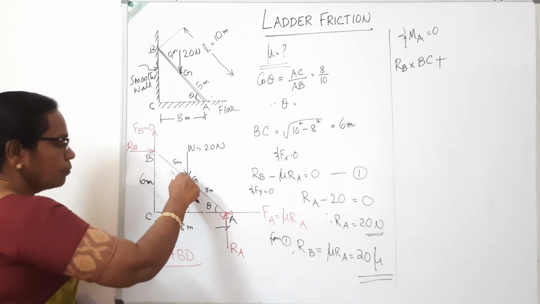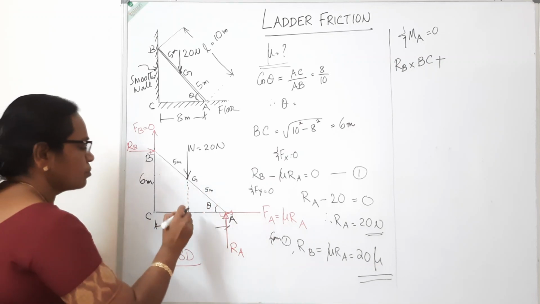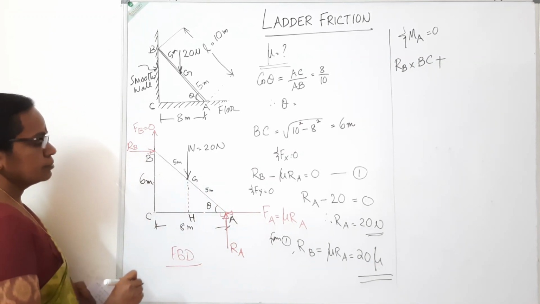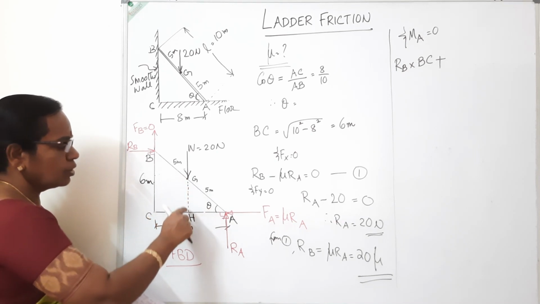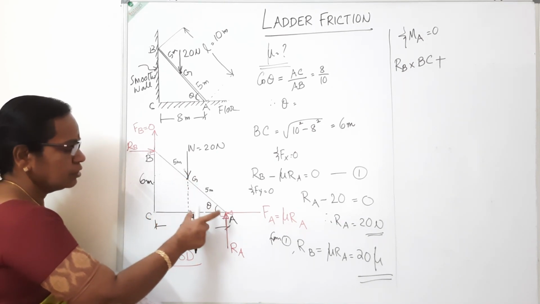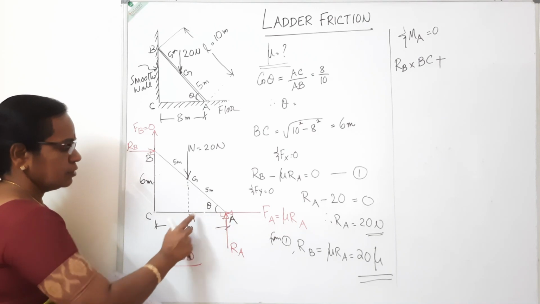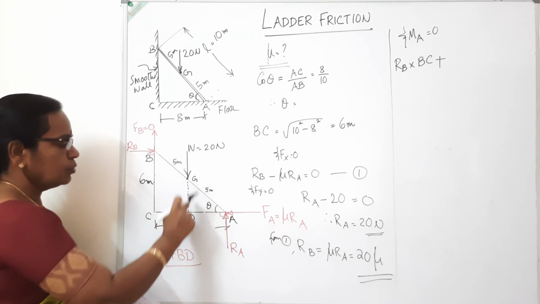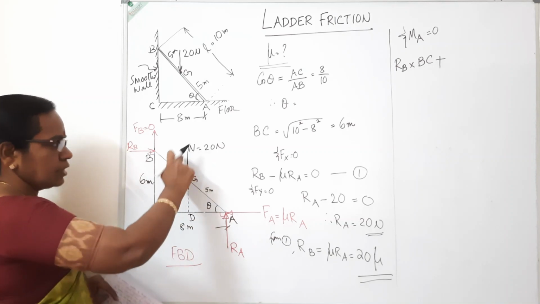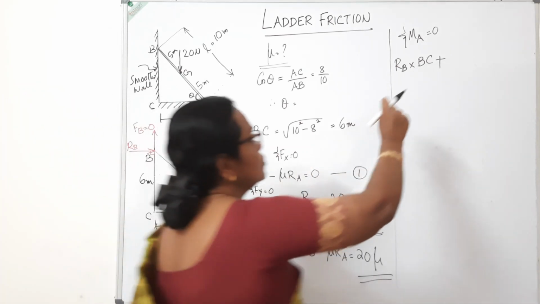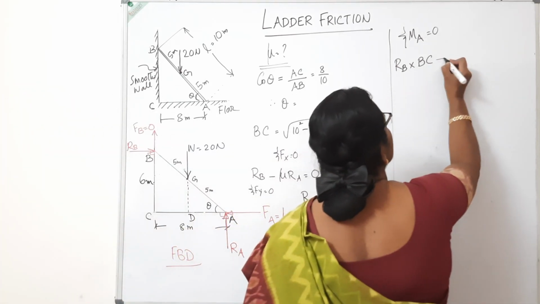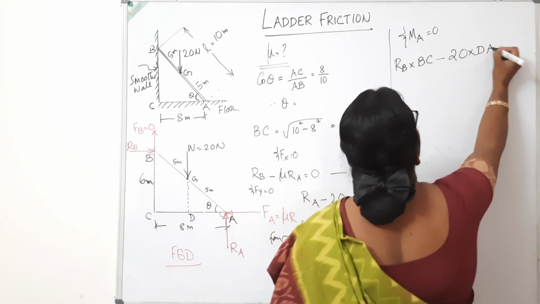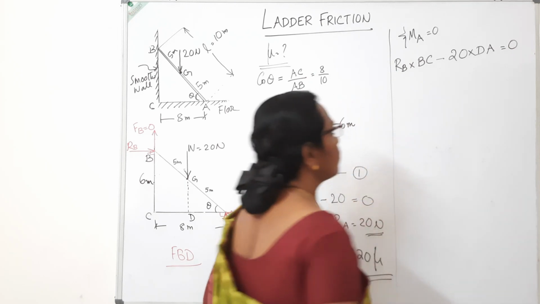Then W produces an anti-clockwise moment. Let this be the perpendicular distance, I will mark it as D. W into DA. Sign is anti-clockwise, so minus W, which is 20, into DA is equal to 0.